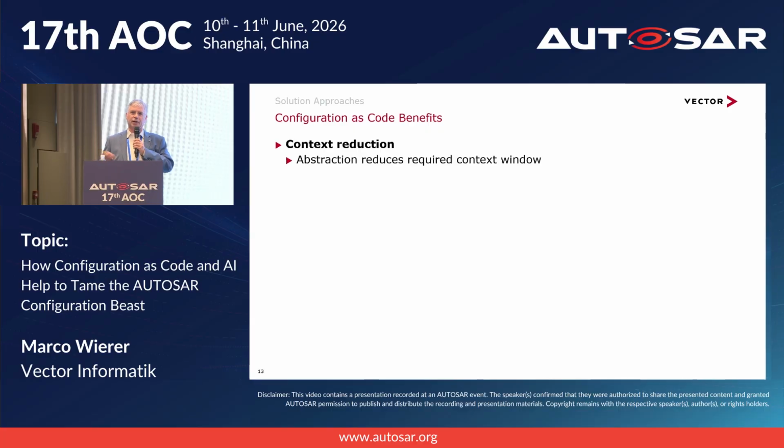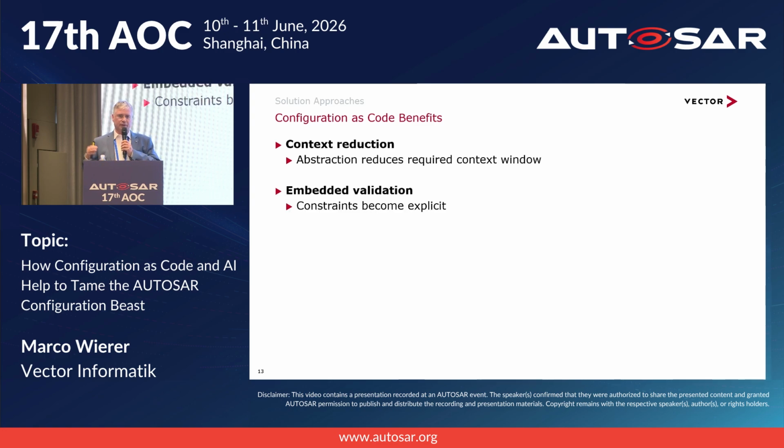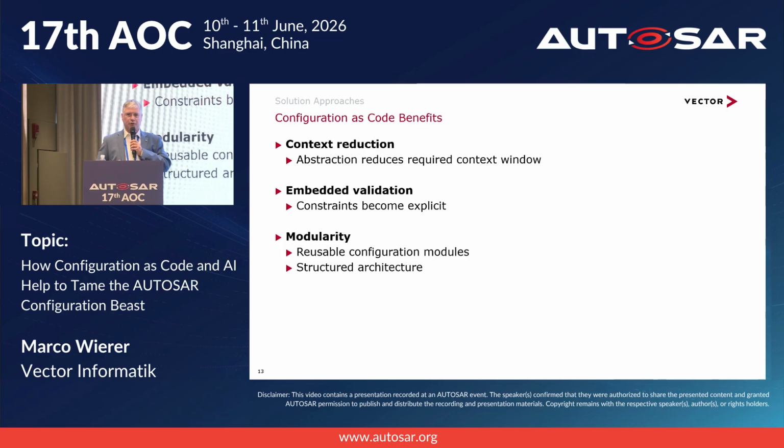So what are the benefits? Representing the AUTOSAR configuration as a code model helps to reduce the context window. Next, we already have embedded validation, so as we compile the code, we have implicit checks. And we have modularity. That means we can reuse the code, and we have a structured architecture, and both things help to get the most out of the coding agents.